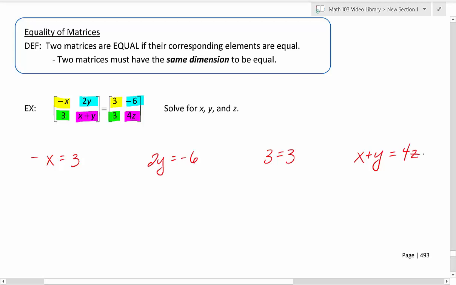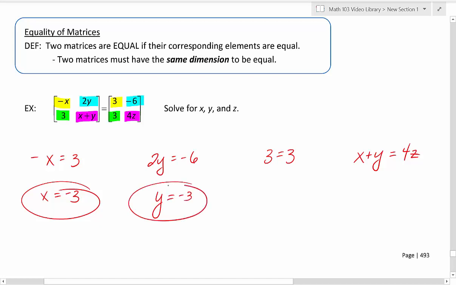Now we solve each of these equations. If negative x equals 3, then x is equal to negative 3. If 2y equals negative 6, then y also equals negative 3. 3 equals 3. Notice that there's no variables there, so there's nothing to solve for. And yes, indeed, we have a true statement, so that's good.